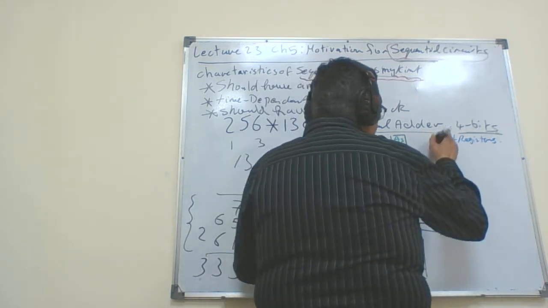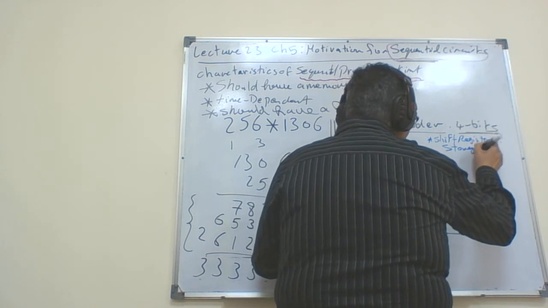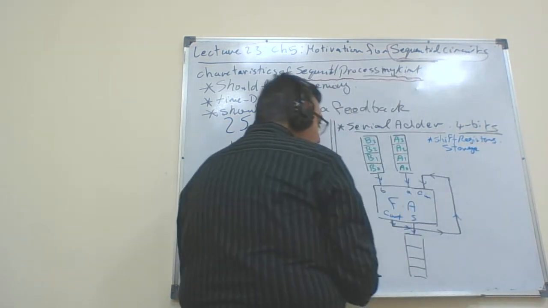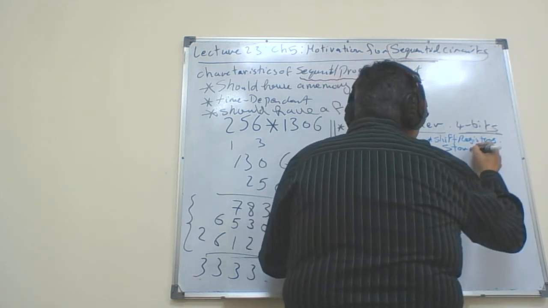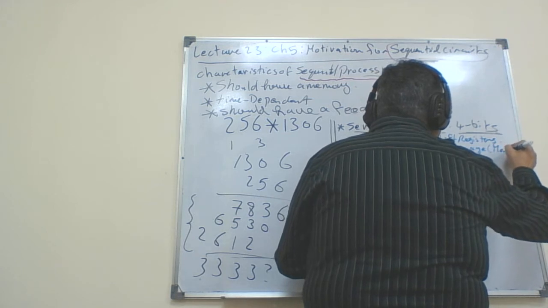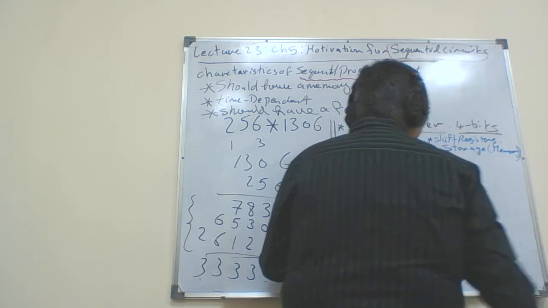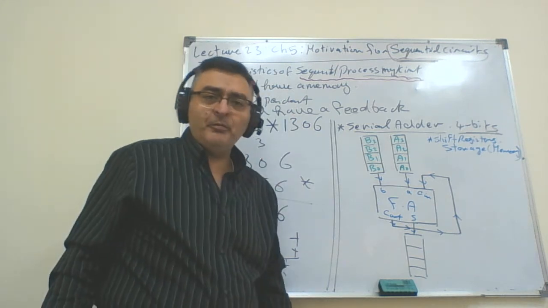Actually, the registers are storage or memory. Storage is memory, and memory is storage in our definition. This is the first difference. The system should have a memory.